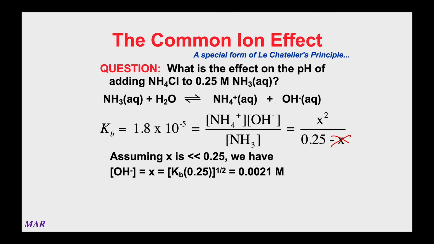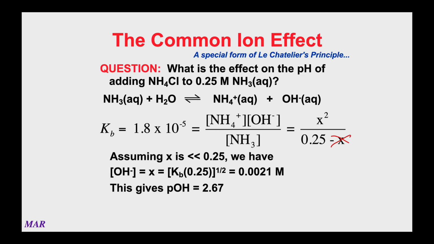That means X squared equals Kb times Cb, the concentration of the base, or X equals square root Kb times Cb. So the hydroxide, which is what X is, is the square root of 1.8 times 10 to the minus 5 times 0.25, which comes out to be 0.0021 moles per liter.